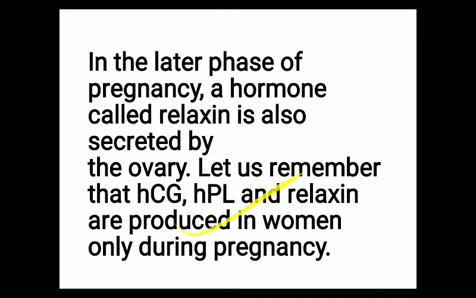From this point one important question can come: name the hormones which are produced only during pregnancy in human females. The answer will be HCG, HPL and relaxin. Out of these, HCG and HPL are secreted from the placenta, and relaxin is secreted from the ovary during the latter phase of the pregnancy.